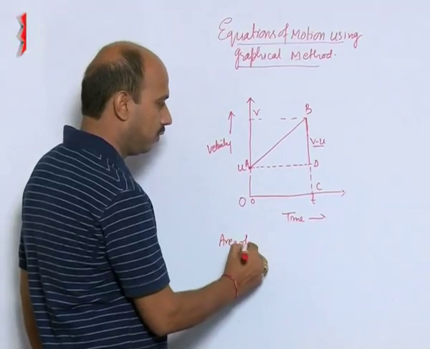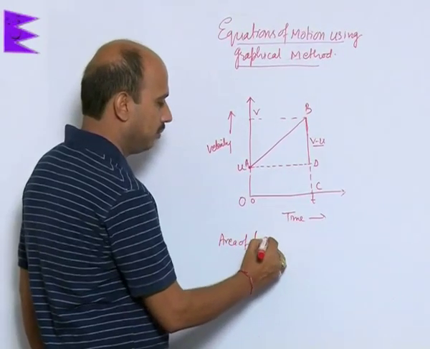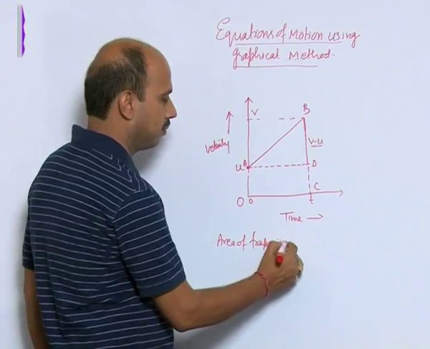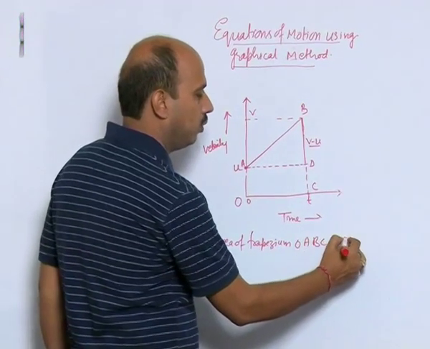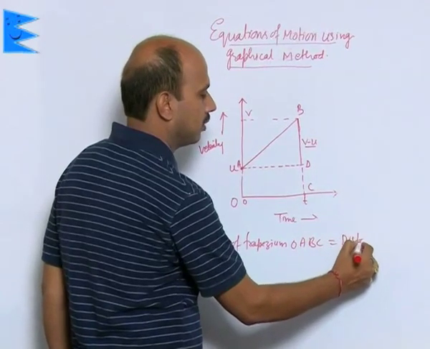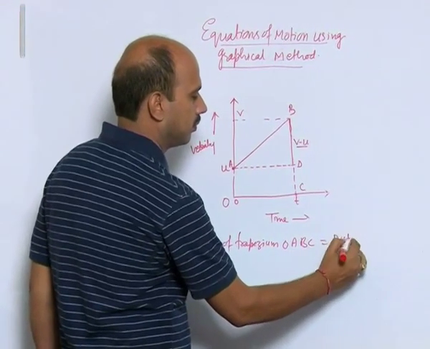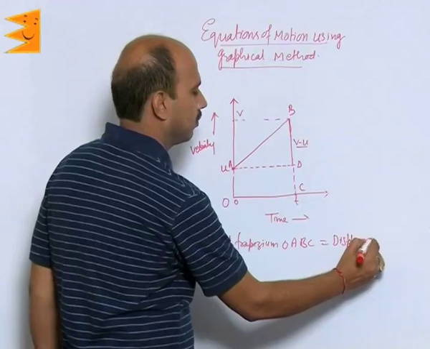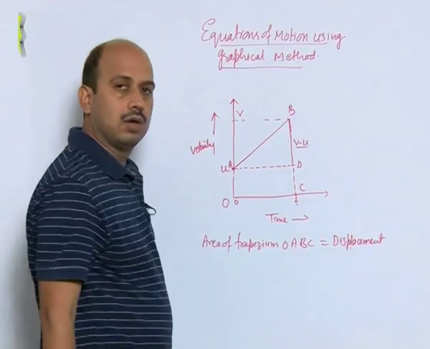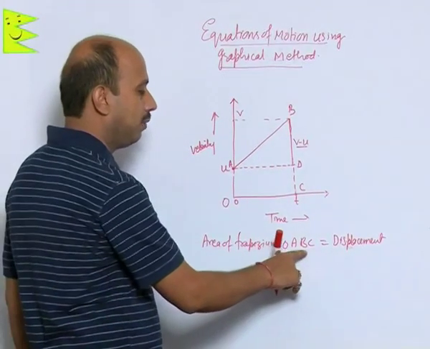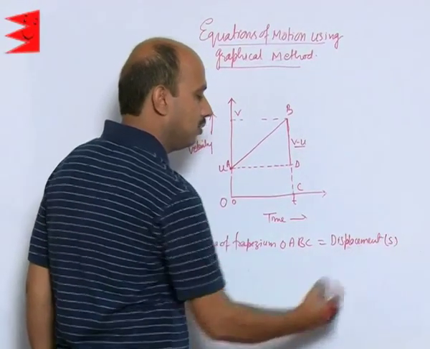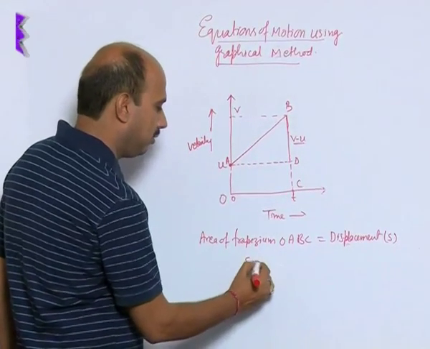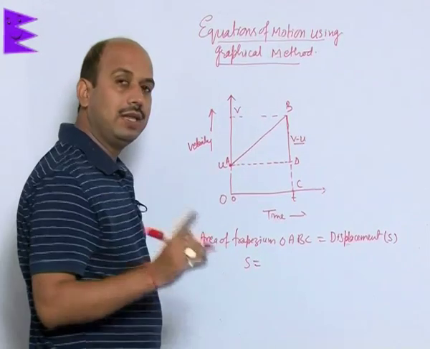area of trapezium OABC is equal to displacement. So, here we can write area of trapezium, that is equal to displacement, we can represent it by S. So, we can write S is equal to, what is the area of trapezium?